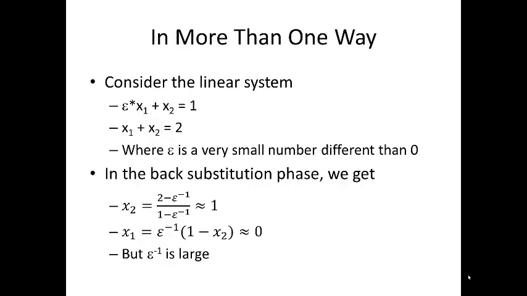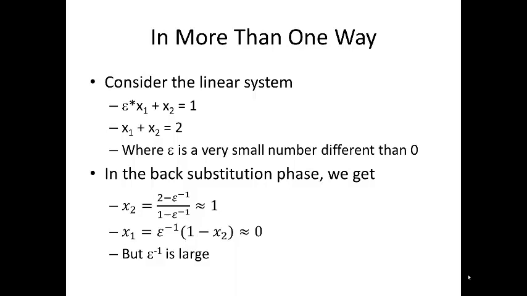So on the last slide we saw that naive Gauss can fail. Here we'll see that it can fail in more than one way. Consider the subsystem epsilon x1 plus x2 is equal to 1, x1 plus x2 is equal to 2, where epsilon is a very small number different from 0.